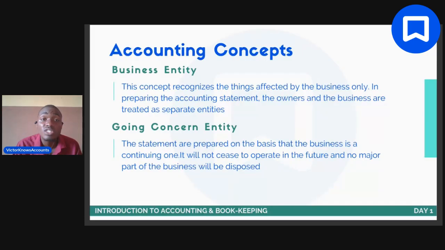The business entity concept is telling you that if you start a business tomorrow, that business is separate from you, which means you treat the business as a separate economic entity and you also as a separate entity. Do we understand that?